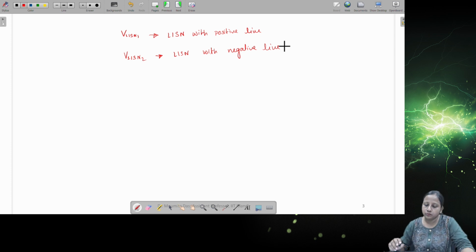That's why we need two LISNs, or a dual LISN. A single LISN will not be able to provide results for two different lines.